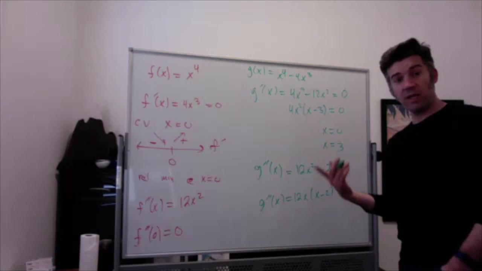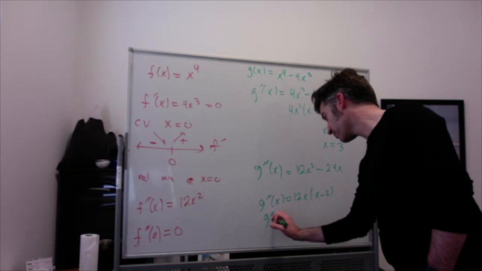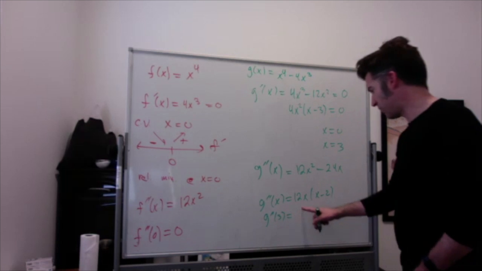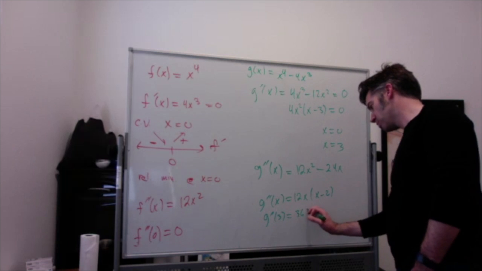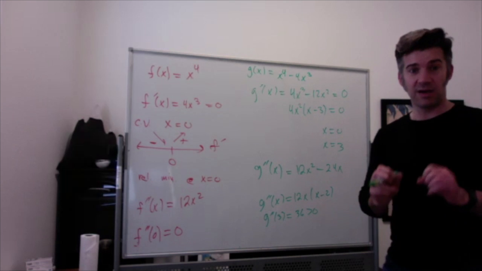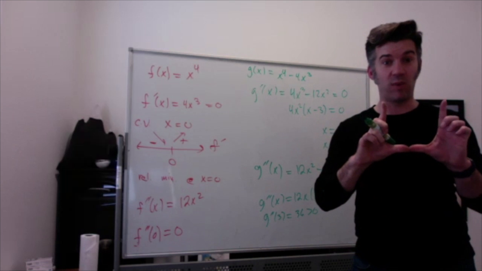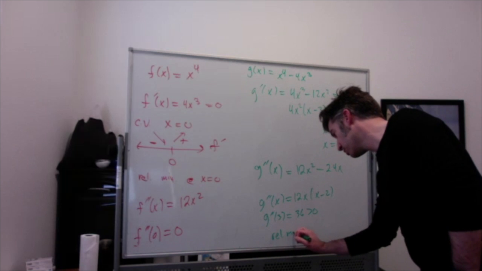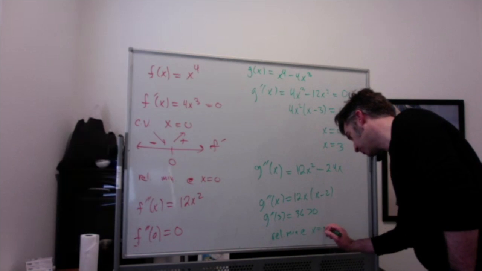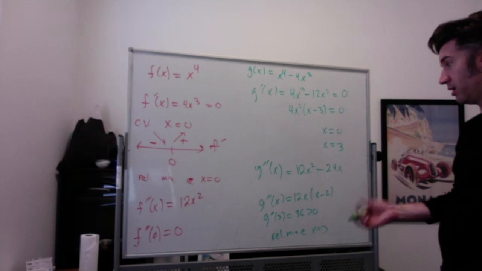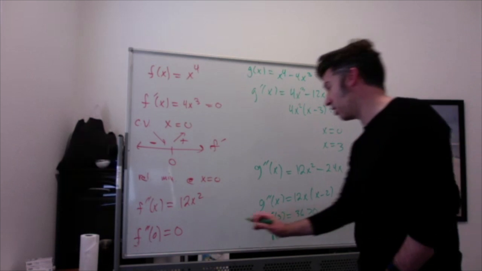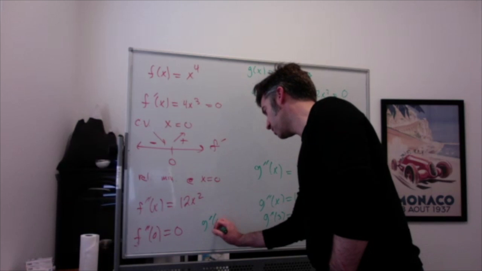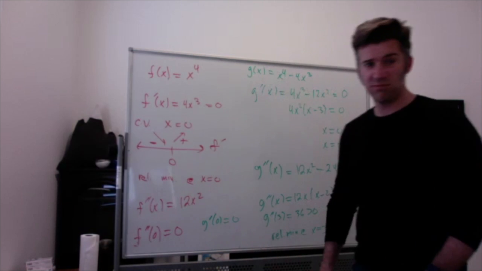If I plug in 3, I get 36 times 1, which is positive. Means it's concave up, which means it's a relative minimum. So we have a relative minimum at x equal to 3. On the other hand, if I plug in 0, g double prime of 0 is 0.